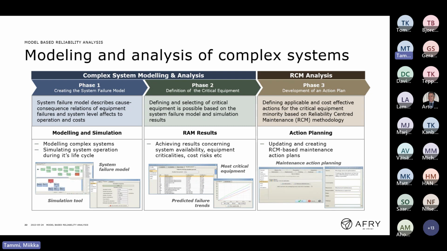Then defining and selecting critical equipment is possible based on the system failure model and simulation results. And last, it's defining applicable and cost-effective actions for the critical equipment, for example, using reliability-centered maintenance methodology or something similar.